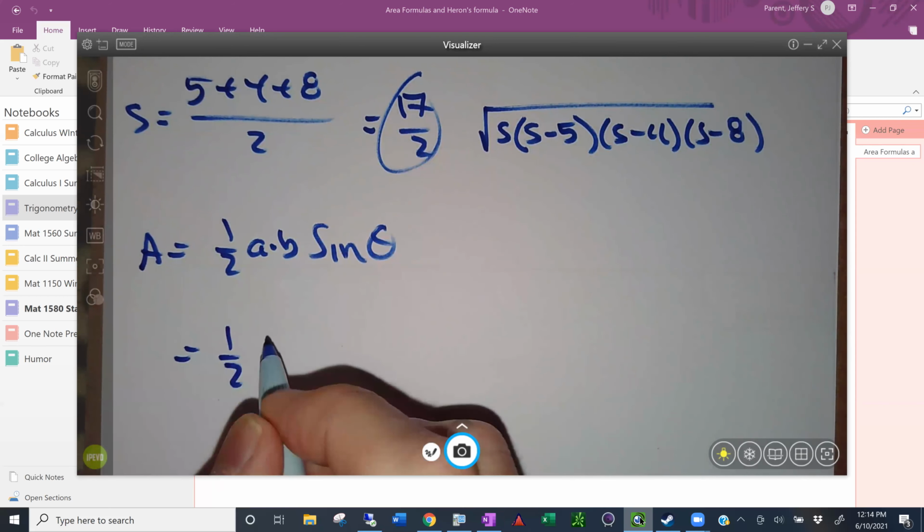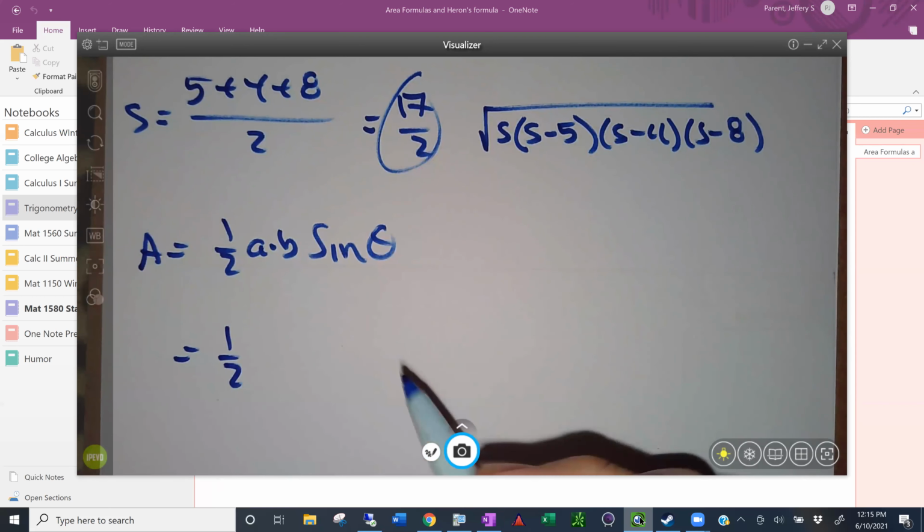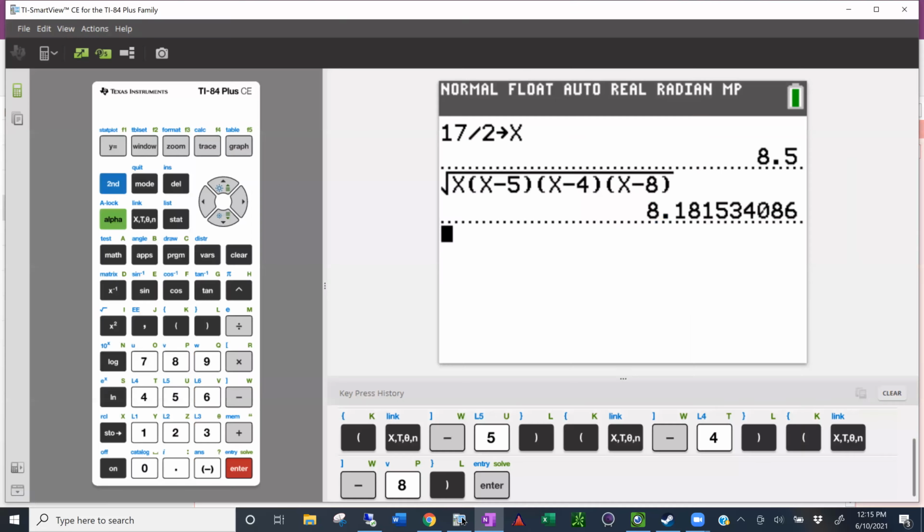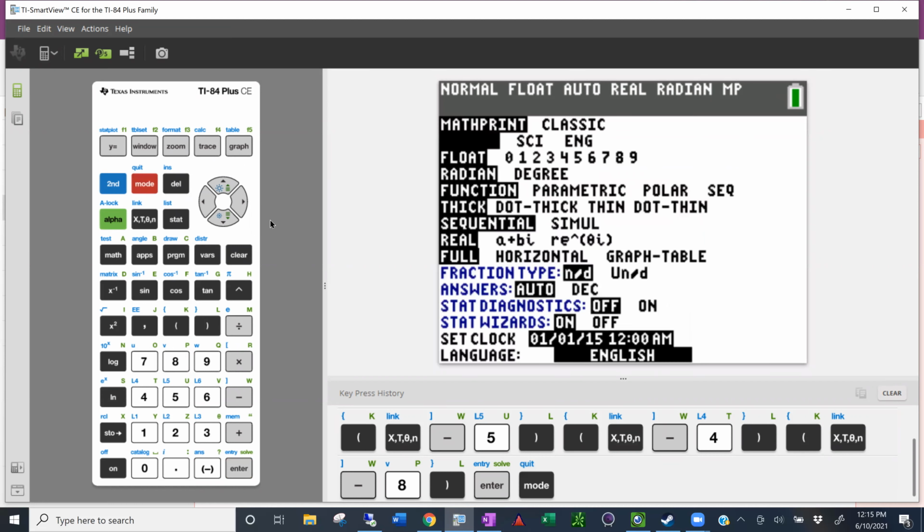1/2 A, which in this example was 4, right here, and then times 5 times the sine of 95. So effectively, that's going to give me 10 times the sine of 95. Make sure your calculator is in degree mode before you calculate that. So I need to change this.